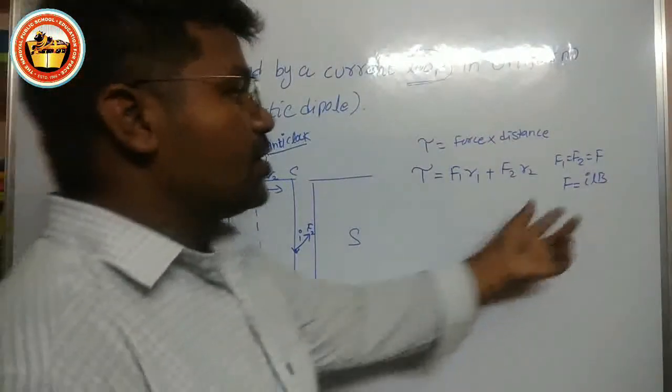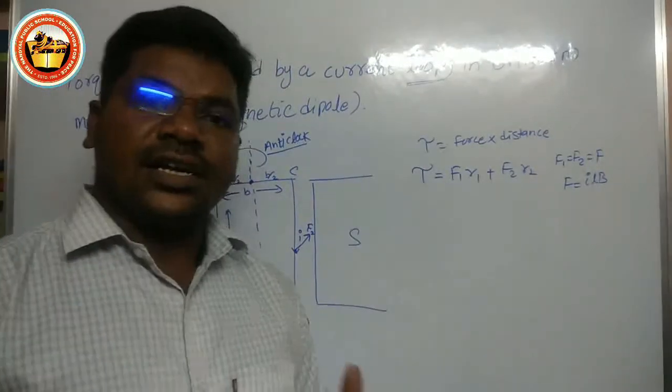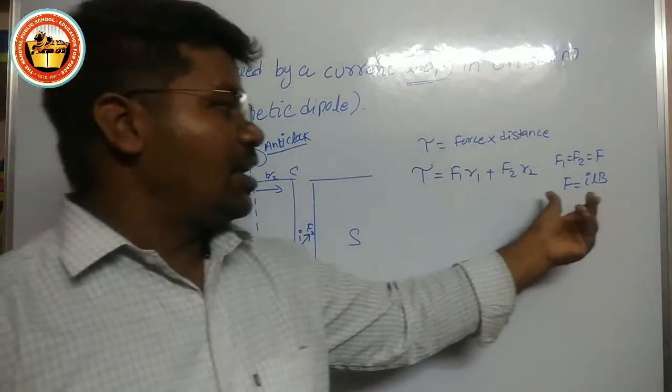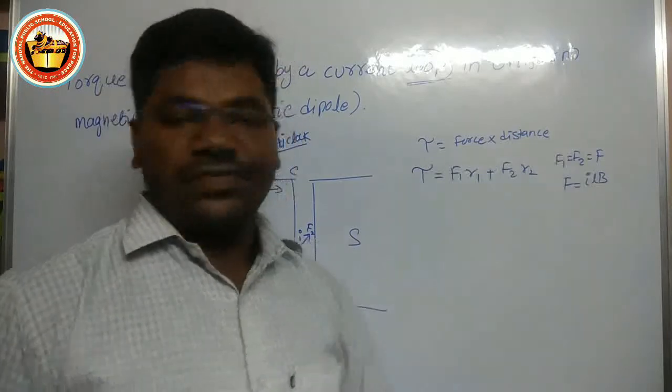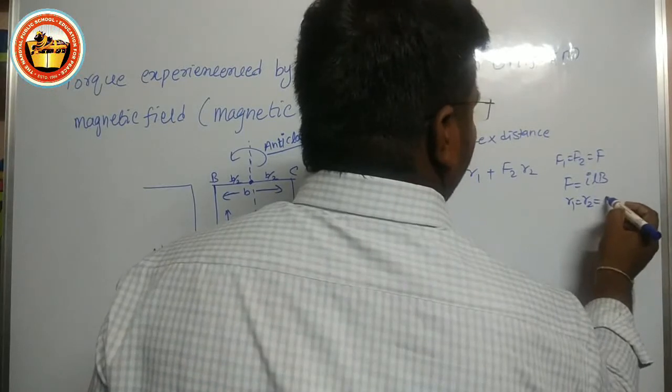Why can we take ILB? When a current-carrying conductor is placed in a magnetic field, the conductor experiences a force equal to F is equal to ILB. Next, R1 is equal to R2 is equal to b by 2.